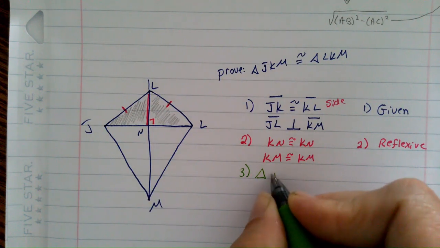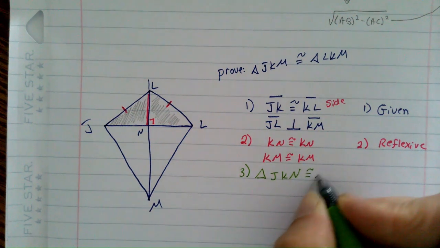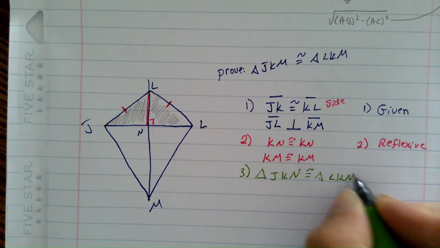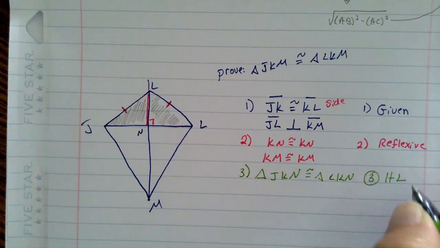So we can say triangle JKN is congruent to triangle LKN. And we can say that because of the hypotenuse being congruent and the leg being congruent.